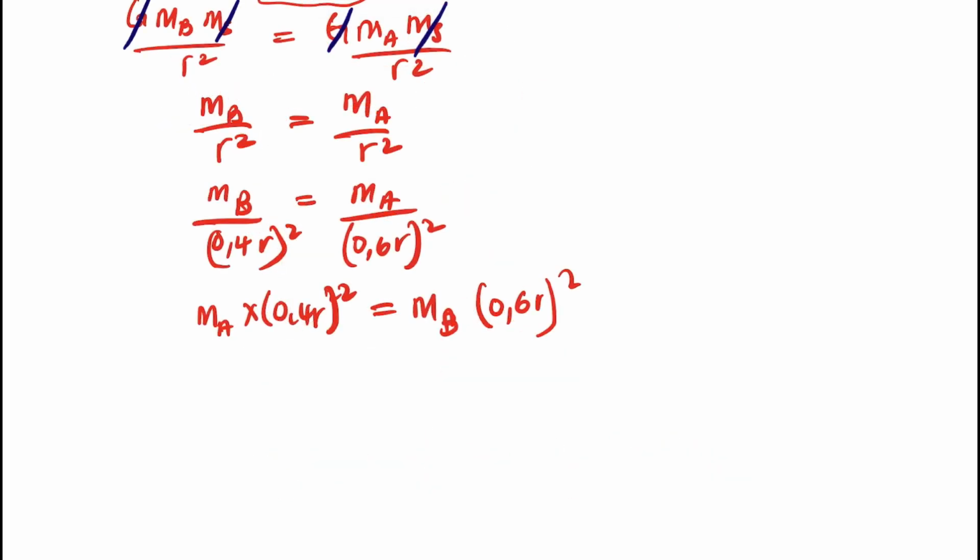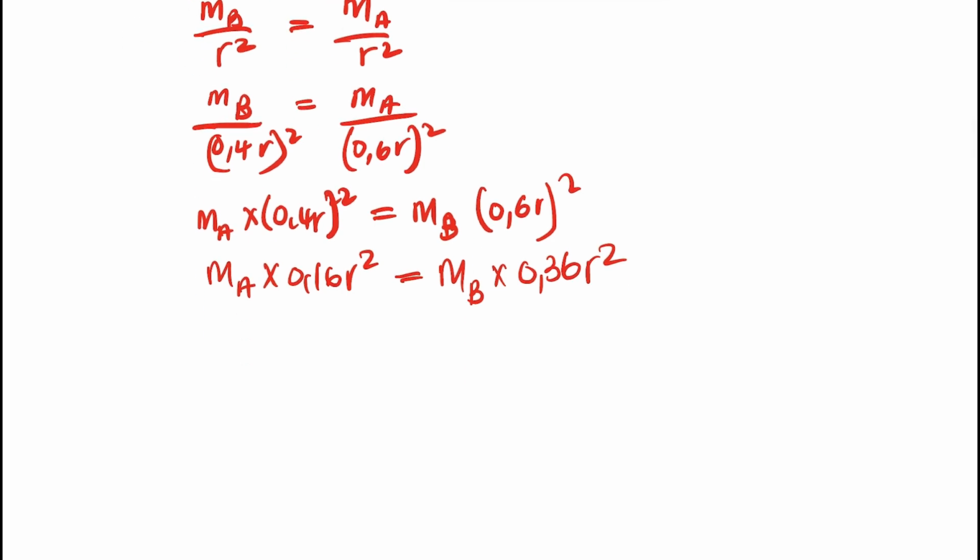Then you will have MA times 0.16 r squared, and on this side you have MB times 0.36 r squared.